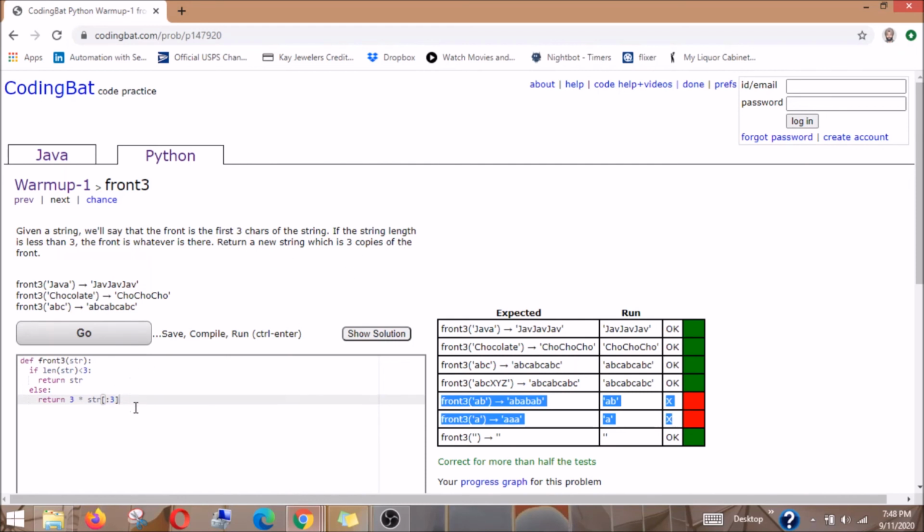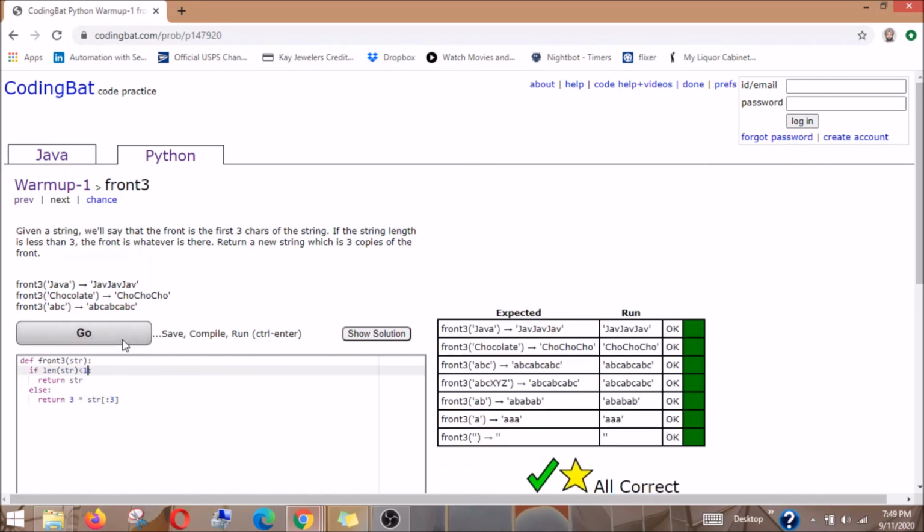Return a new string which is 3 copies of the front. Oh really? Then I shall make it 1. That's all. Okay, nice. But this was literally confusing for me, because they mentioned if the string length is less than 3, the front is whatever is there, so I thought that the front will be only the first 3. But their meaning was that whatever the characters are, just make it 3 times of that.